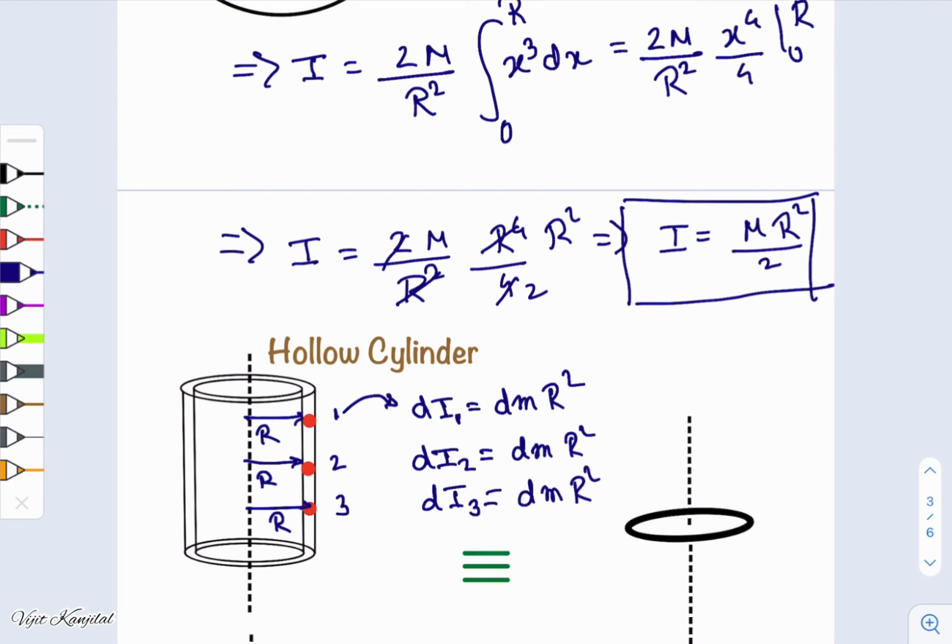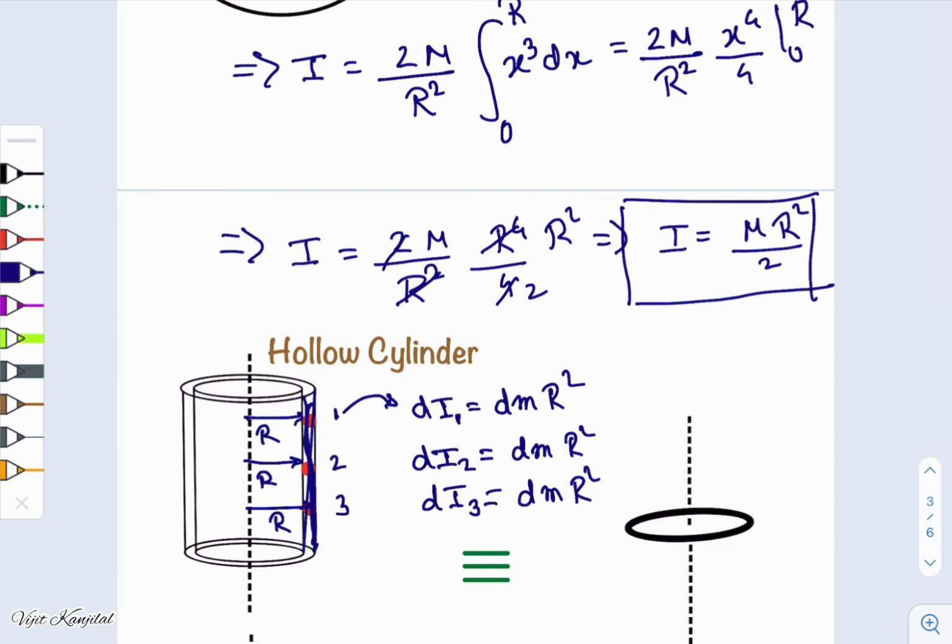So rather than considering these 3 points as separate elements, we can consider all these points as a single element. So what we can do is, along this particular line which is parallel to this axis, along this entire line, we can consider all the points lying in this particular line as a single element.